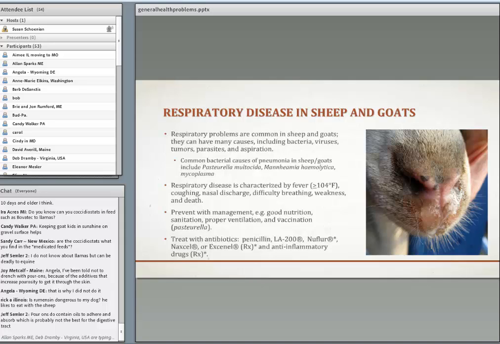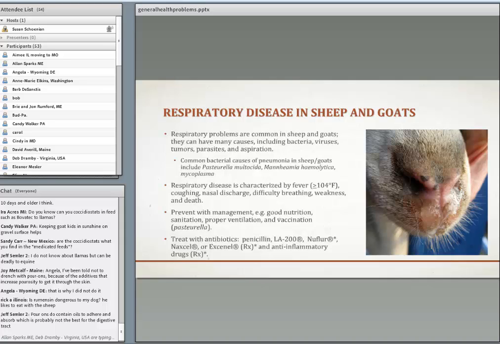The most common causes of pneumonia are Pasteurella, mycoplasma. You can see the different ones. So pneumonia is typically characterized by a high fever. Keep in mind the normal temperature is about 102 to 103, probably a little bit higher for goats. In our buck test, we use 104 as a kind of a plateau for when we begin treating for respiratory symptoms.